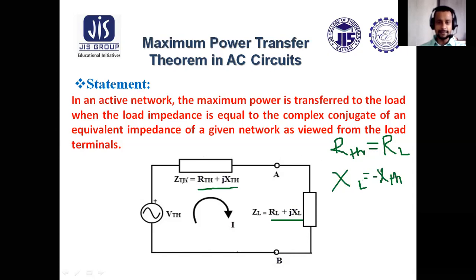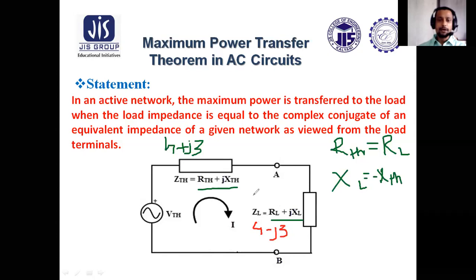That means if ZTH equals RTH plus jXTH, then ZL should be RTH minus jXTH. For example, if ZTH equals 4 plus j3, then ZL should be equal to 4 minus j3.